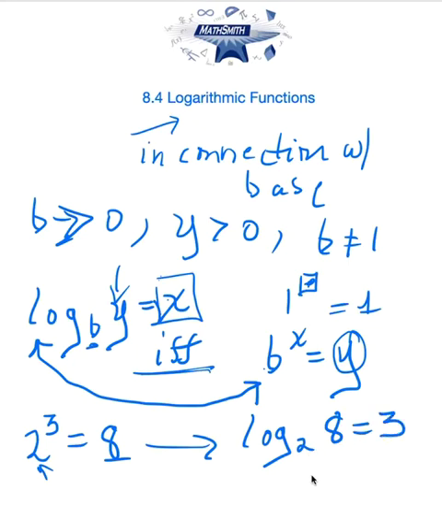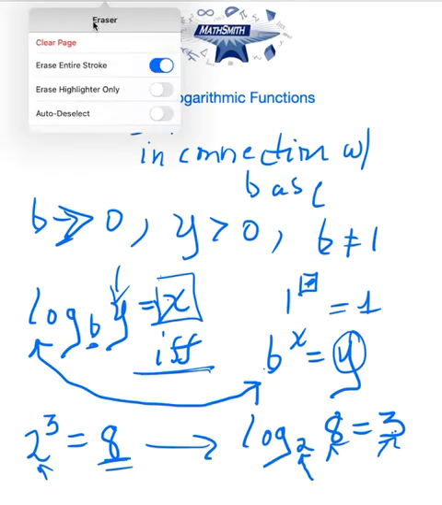In other words, what power do I raise the base 2 to in order to get 8? The exponent would be 3. That's really what you're doing here: you're answering the question of what exponent will give me that number. And the expression log base b y is read as log base b of y. All right, let me clear this page.